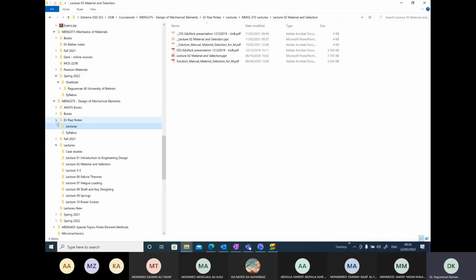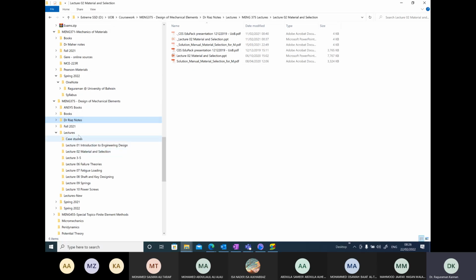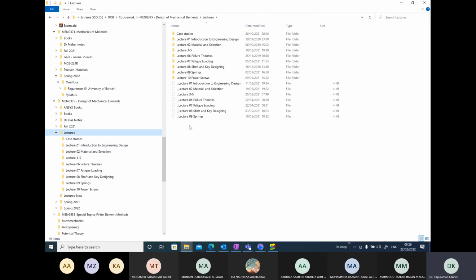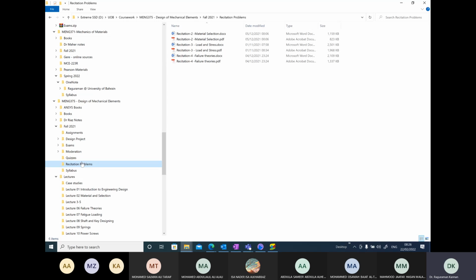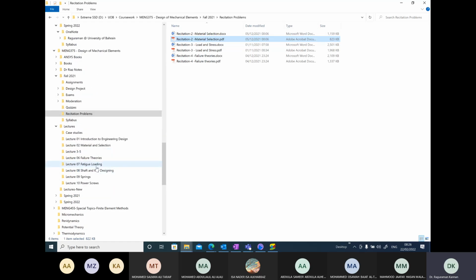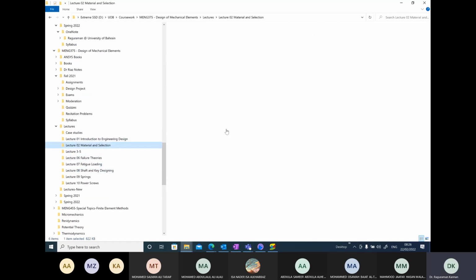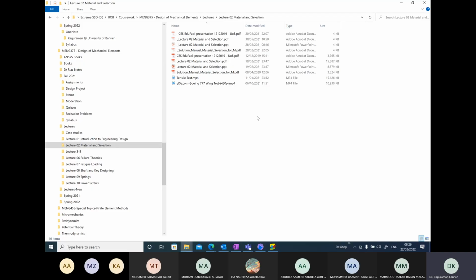Okay, it doesn't look like it is here. So I'm going to post more example problems on material selection here.